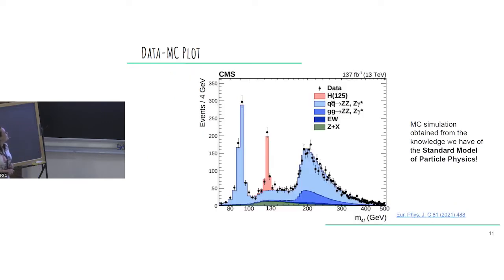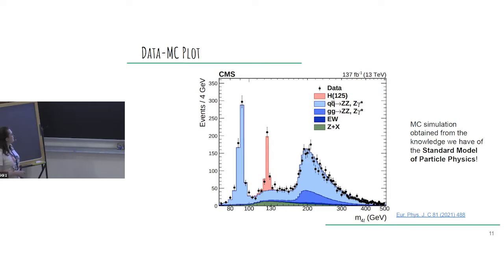And so basically, this is a plot that we can obtain after the selection of events in the four-lepton final state. The black points represent the recorded data, while the colored part is Monte Carlo simulation.